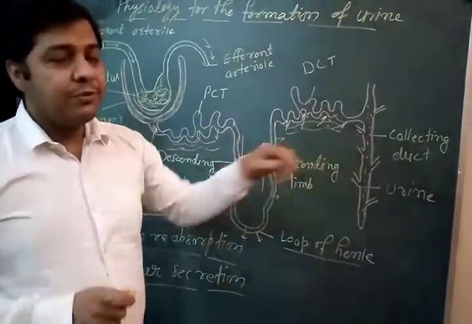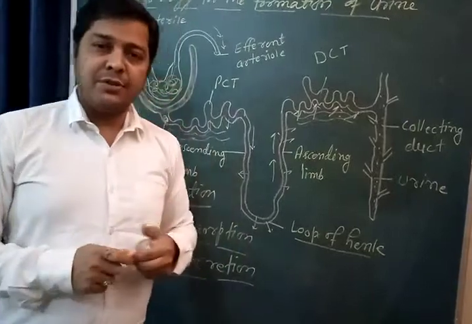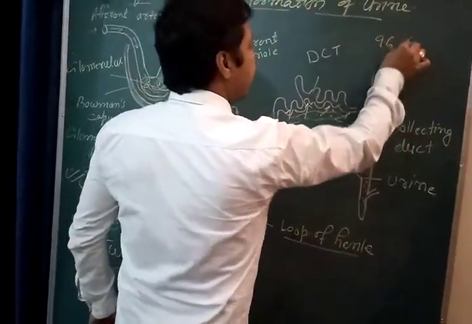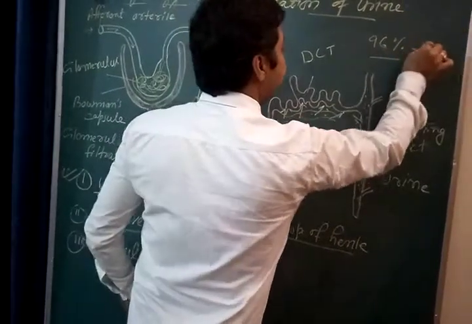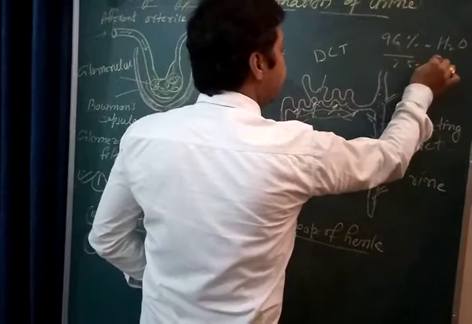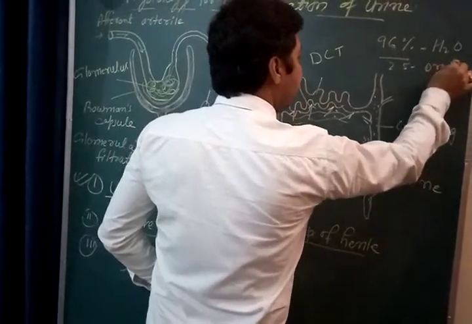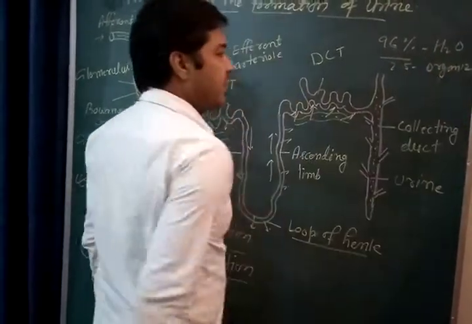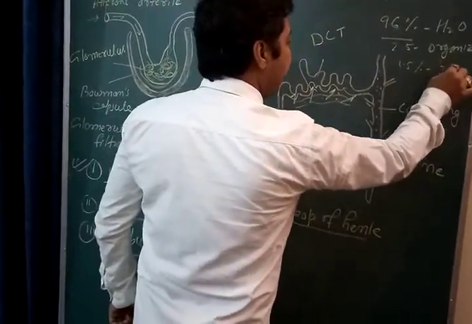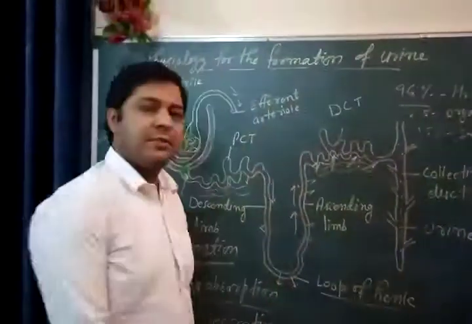If we talk about the composition of urine, about 96% of urine contains water. About 2.5% contains organic substances. About 1.5% contains inorganic substances.